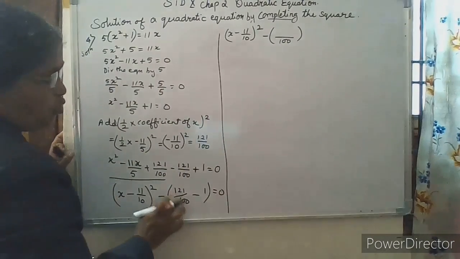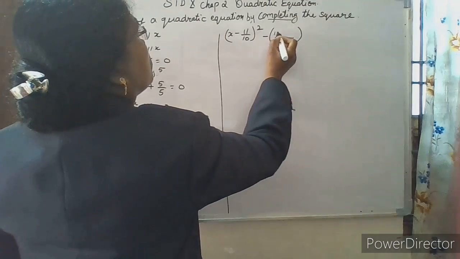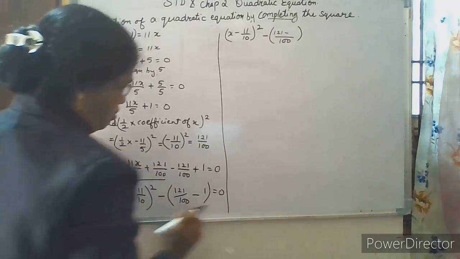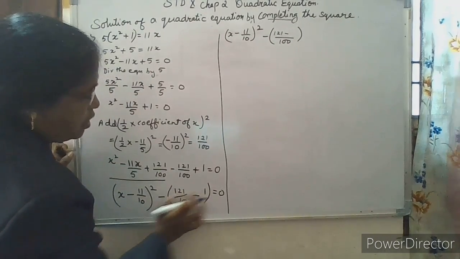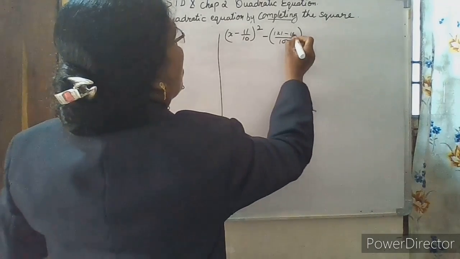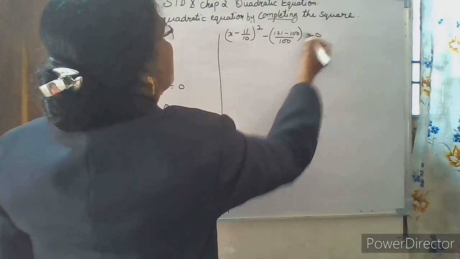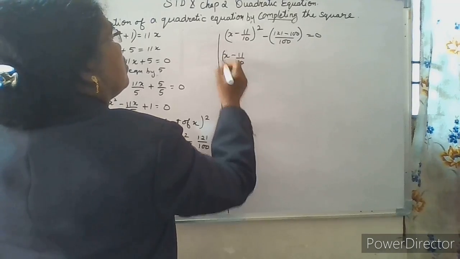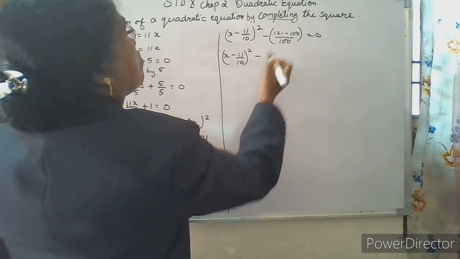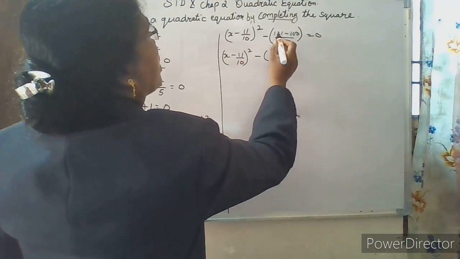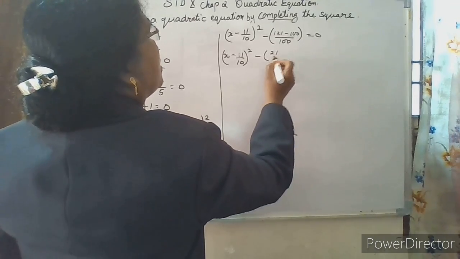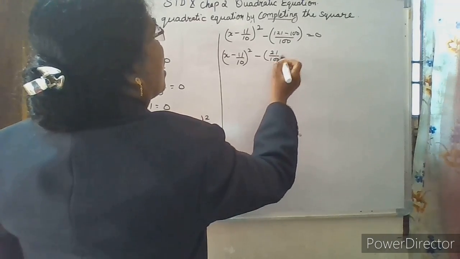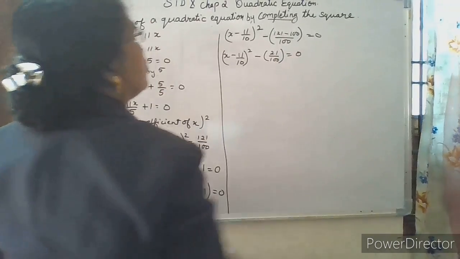LCM is equal to the denominator here, so the numerator will be 121 minus, if you do cross multiplication, 100 ones are 100. This is equal to 0. Now (x minus 11/10) the whole square minus, if you solve it in the bracket you will get 21/100. This is equal to 0.